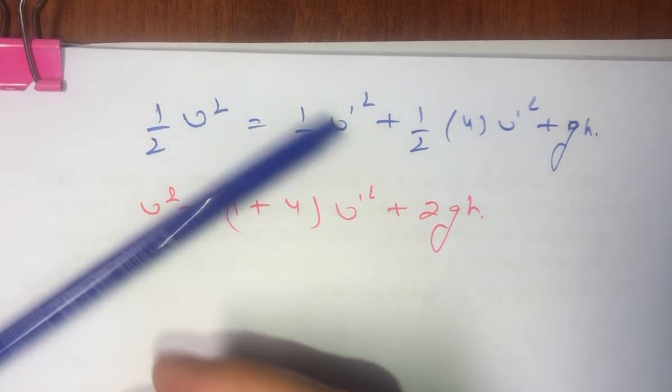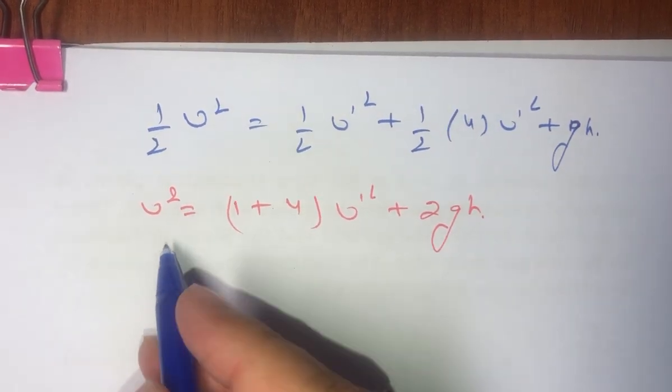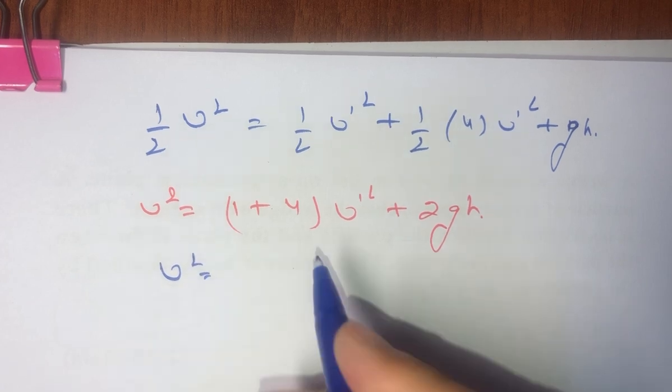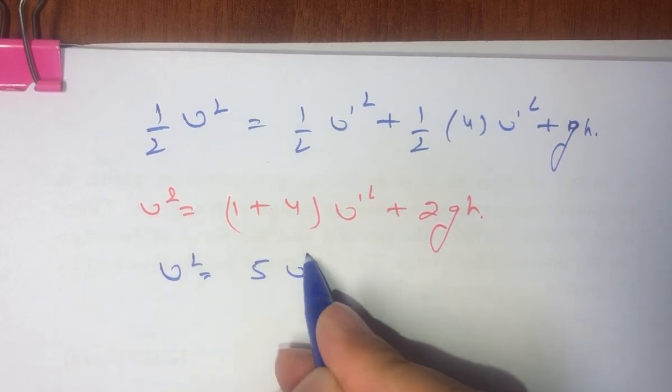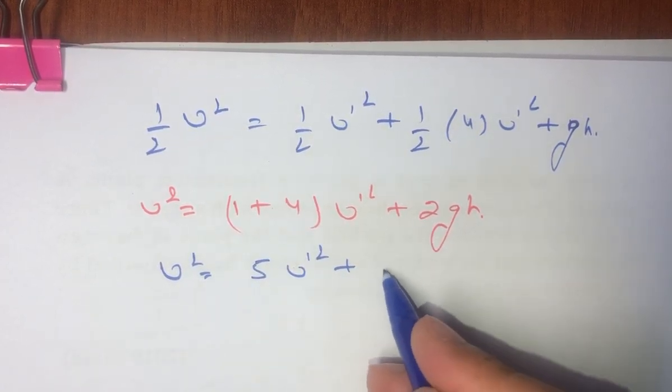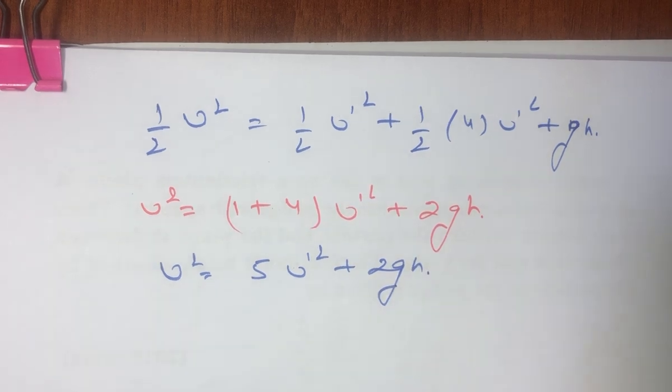So we can say that v square is equal to 5 v prime square plus 2gh.